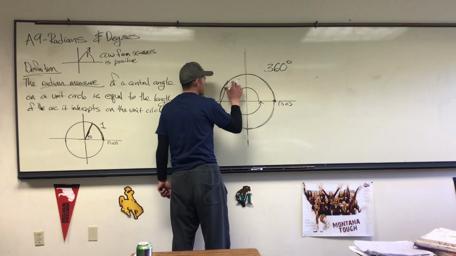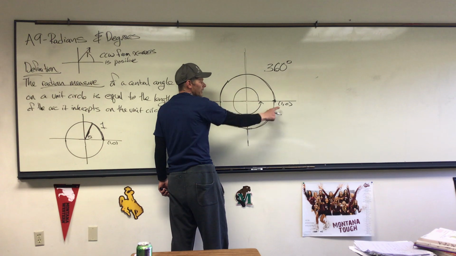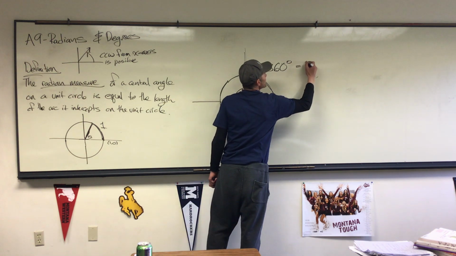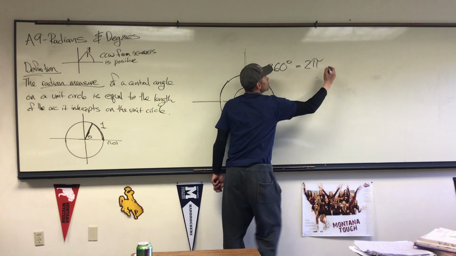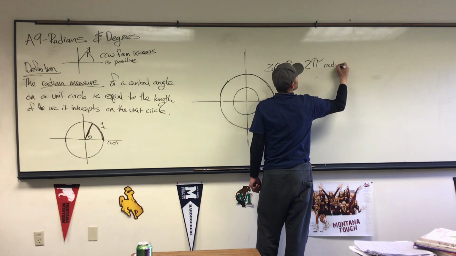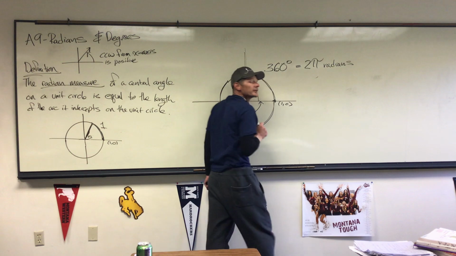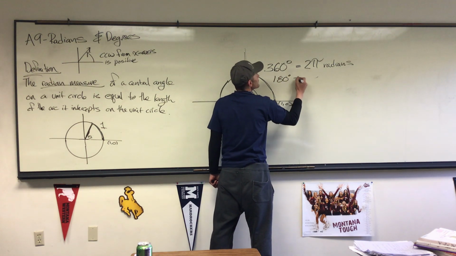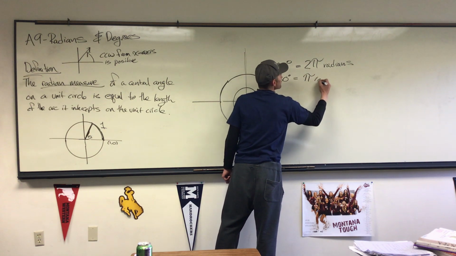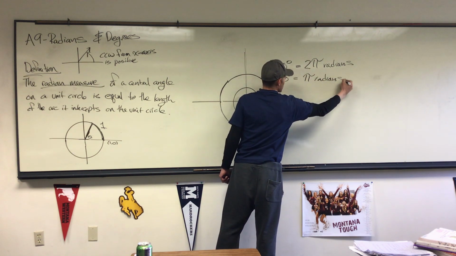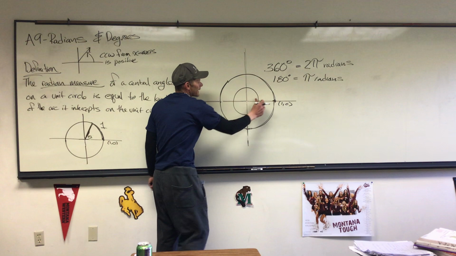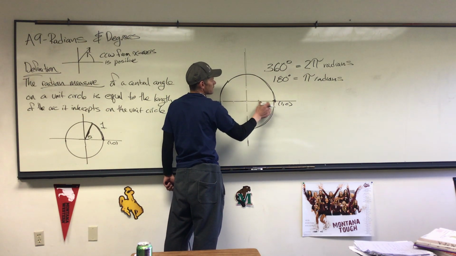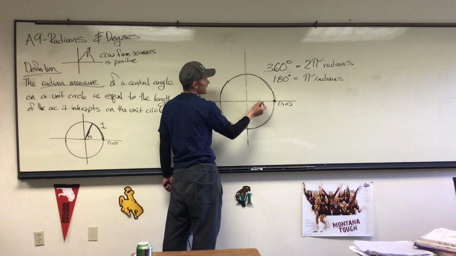Well, it's 2 pi r, right? Circumference is 2 times pi times r, but the radius is 1. So 360 degrees is equal to 2 pi radians. Dividing by 2, we see that 180 degrees is equal to pi radians. Okay? So back on this guy. 180 degrees is right here.